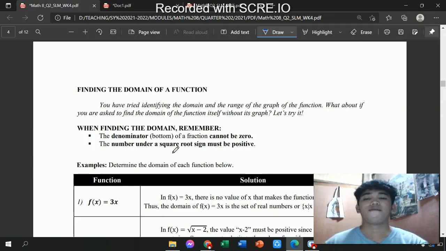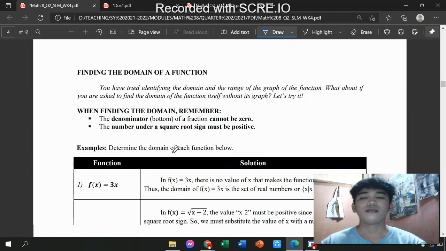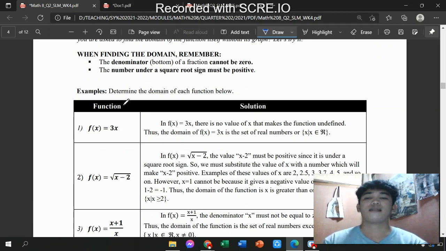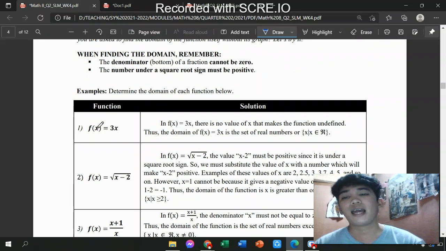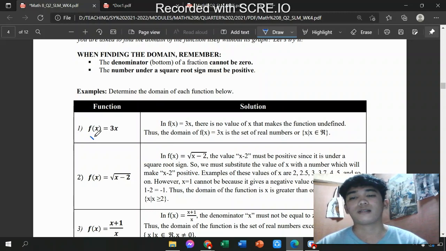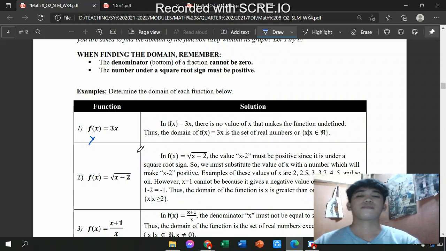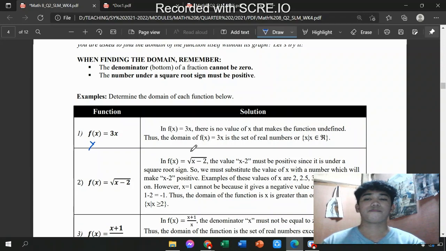So let's have here some examples. We are given this function f of x equals 3x. Again, kaning f of x same na sa y equals 3x. So unsa man ang domain ani?